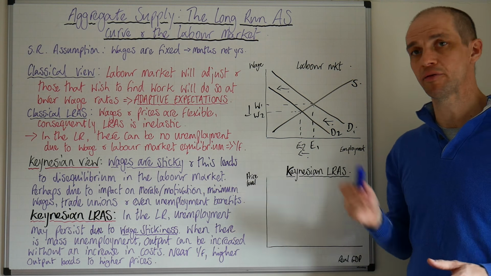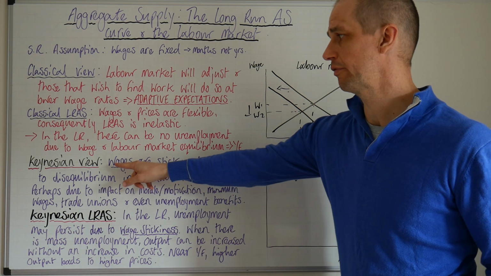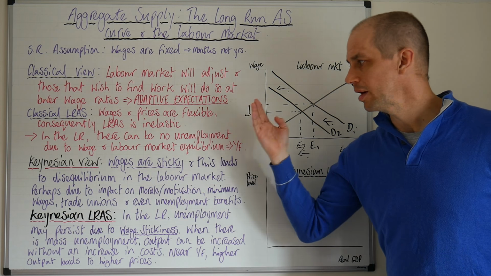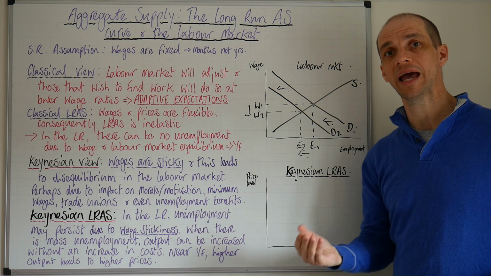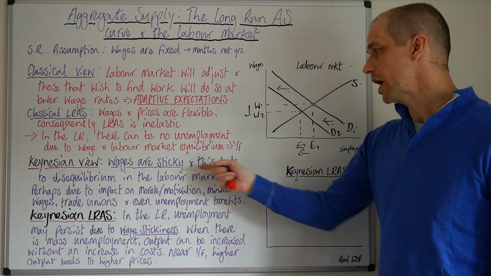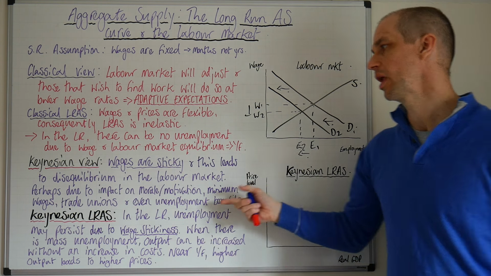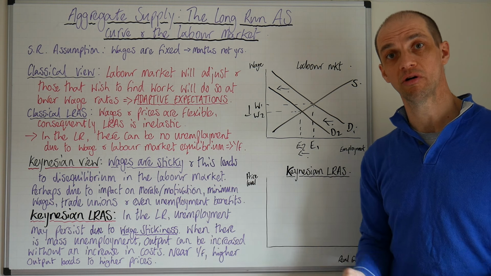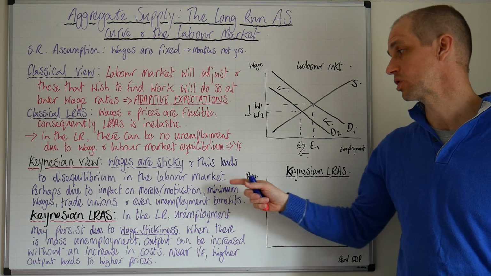Now this is very different, however, from the Keynesian interpretation. So let's just come down here firstly and look at this. Right, so the Keynesian viewpoint, well, Keynes argued that wages were sticky. So workers wouldn't actually want to go to work for lower wage rates. And this leads to disequilibrium in the labour market, perhaps due to the impact on morale, motivation of actually enforcing a pay cut for your existing members of staff.